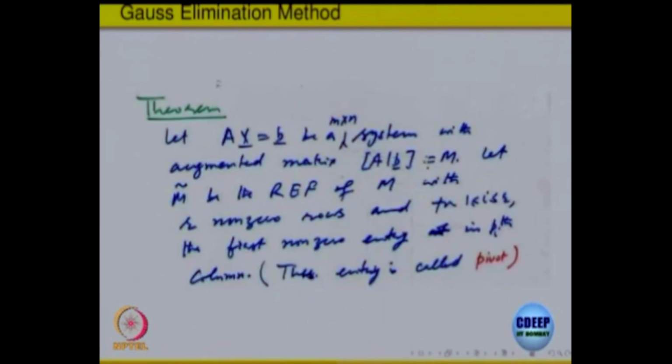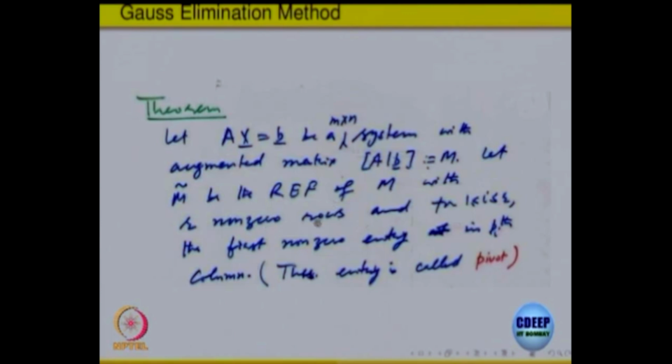So, once again, let us summarize what we have done with this row echelon form for solving a system of linear equations. Look at the system Ax equal to B, an m cross n system, with augmented matrix A along with B, which we call M. Reduce the matrix to row echelon form and look at the non-zero rows.